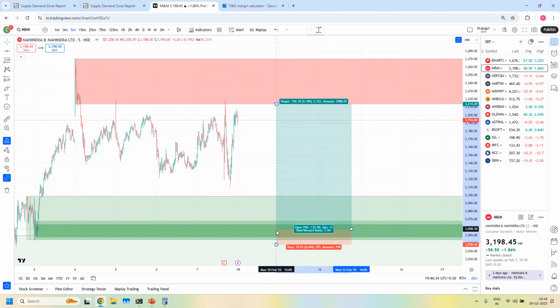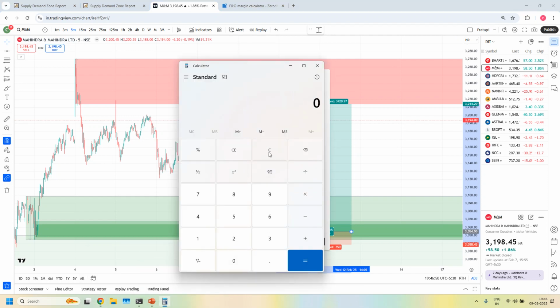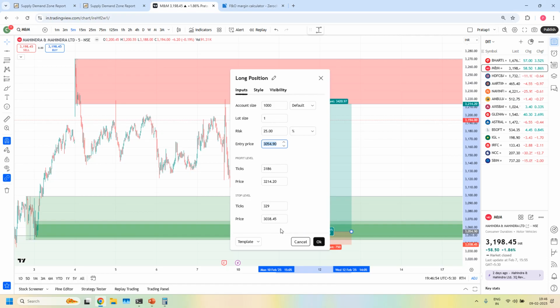See, reduce your entry. Let us assume with this entry only I want to take. So with this entry, what is your risk? Let us calculate. Now the entry is changed to 3054. You are taking a deeper trade. Minus, what is your stop loss? It still remains the same.